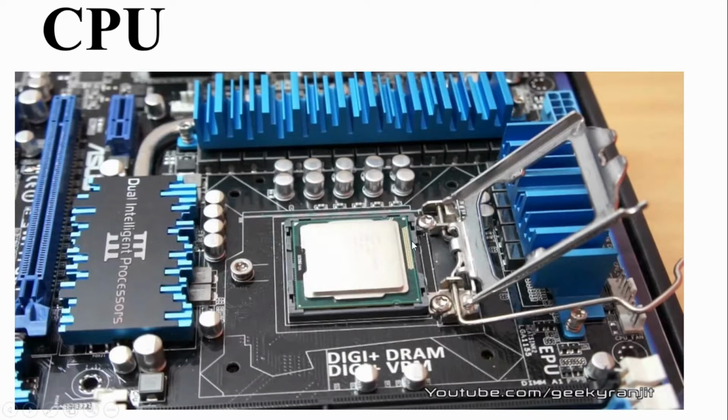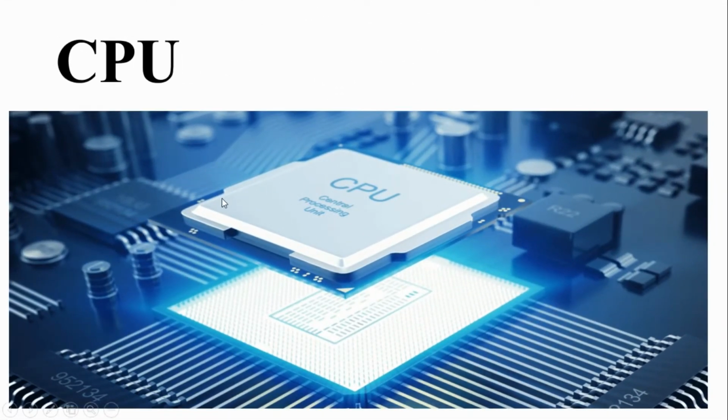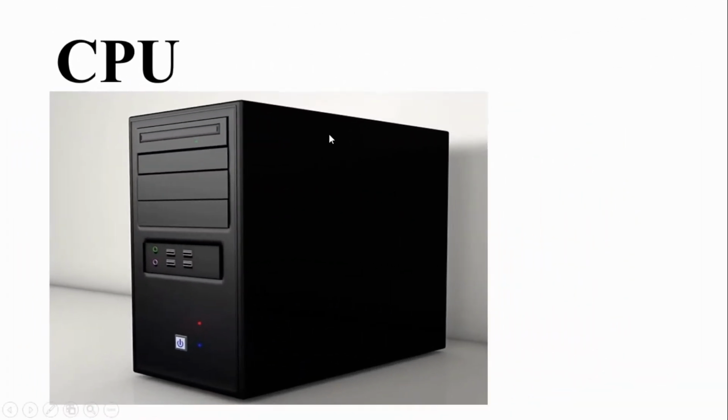So this one is the processor, and this one is the motherboard. This is actually a better photo of the processor, and then all of this stays inside this box, and this is called a casing, but we know it as CPU or Central Processing Unit.